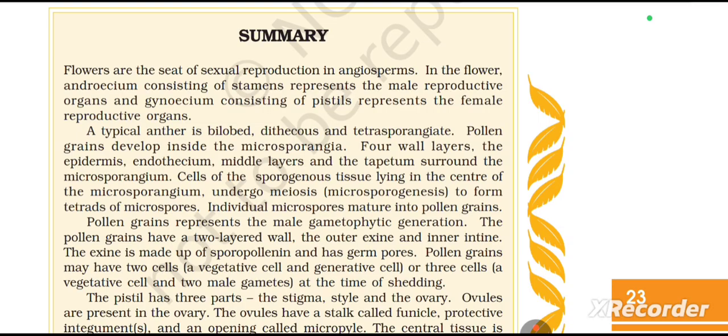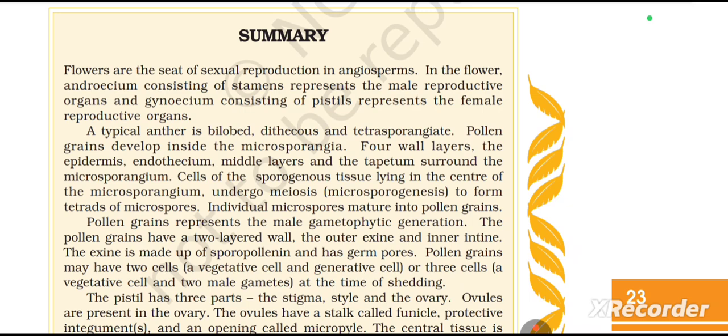Four wall layers, the epidermis, endothecium, middle layers, and the tapetum, surround the microsporangium. Cells of the sporogenous tissue lying in the center of the microsporangium undergo meiosis, that is microsporogenesis, to form tetrads of microspores. Individual microspores mature into pollen grains.